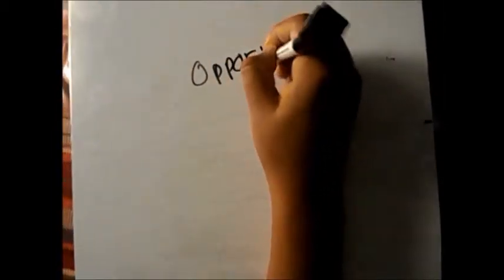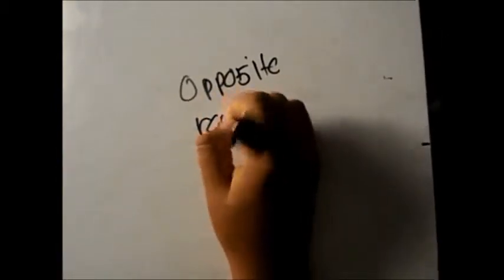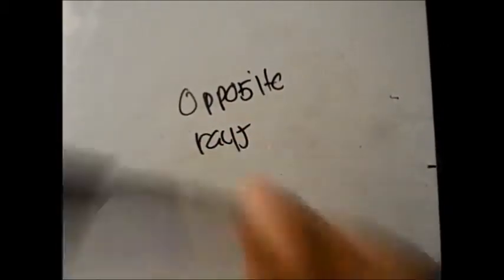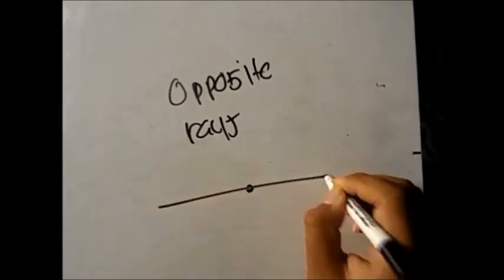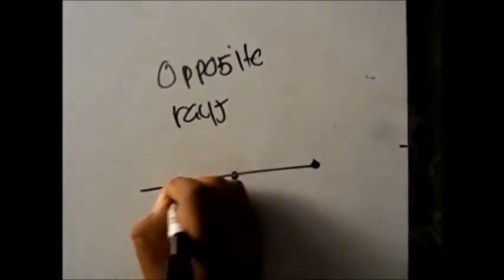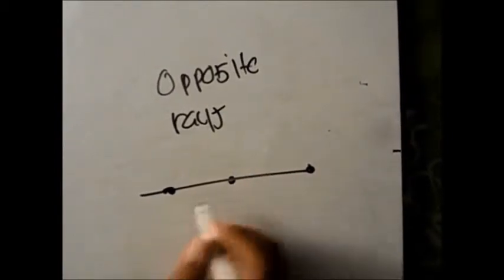And the next definition we're going to be talking about is opposite rays. In the simplest way to put it, they're basically rays that are on the same line.